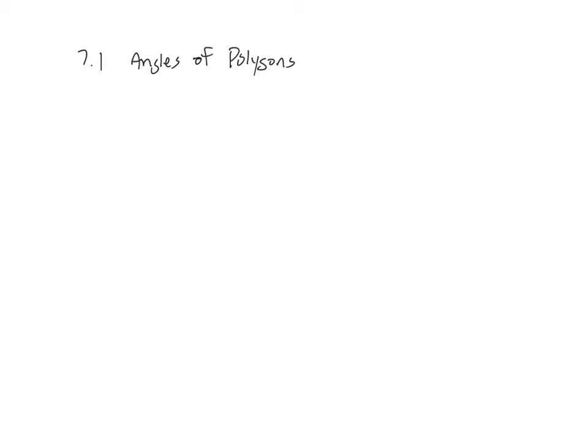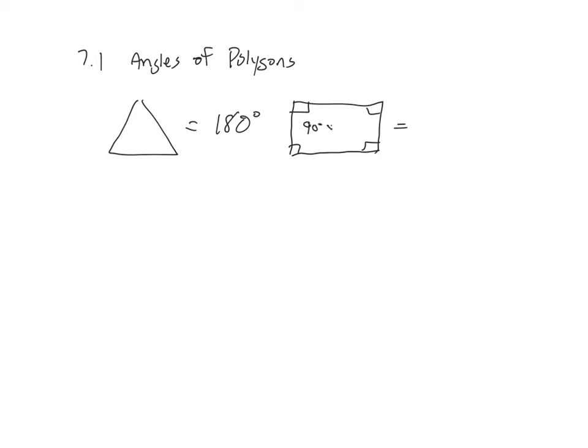So, last chapter with triangles, we said all three angles add up to 180 degrees. I think we all know that a rectangle is going to have right angles. We've learned that before. So really this is 90 degrees times 4 angles is 360 degrees.